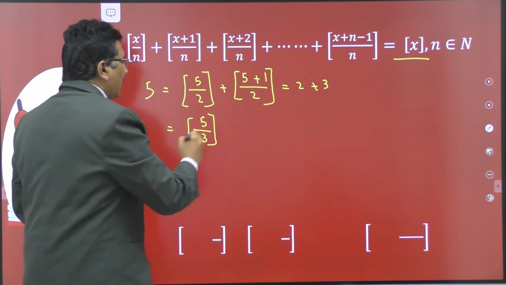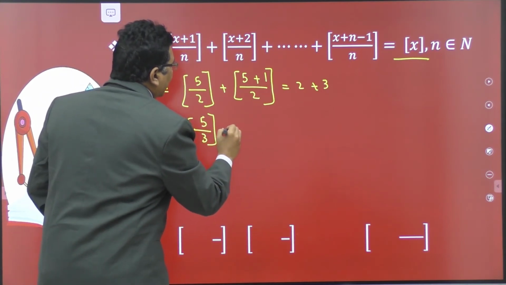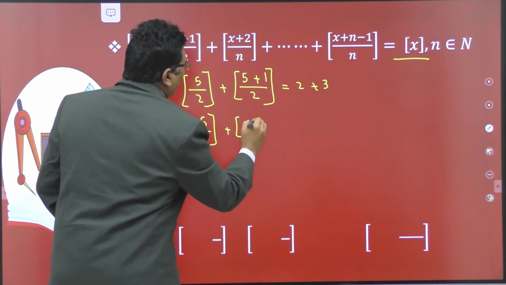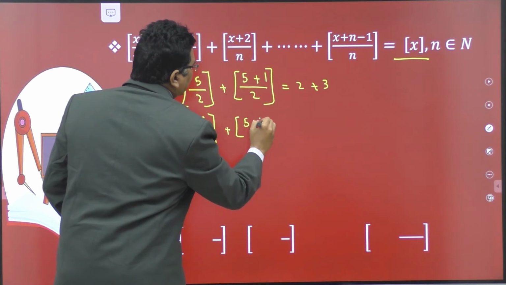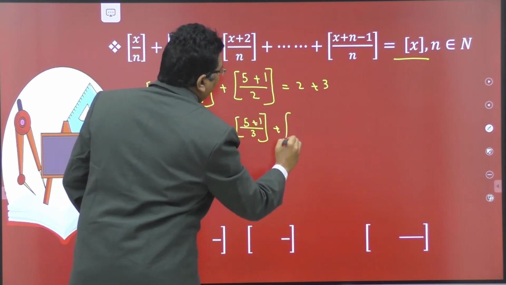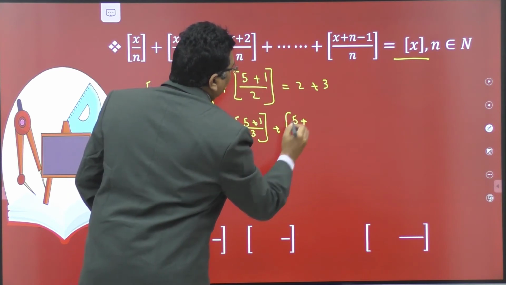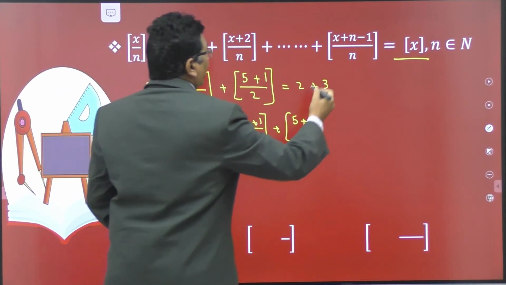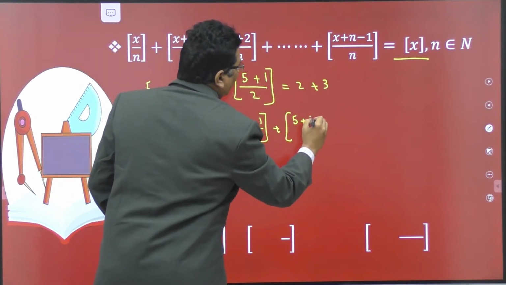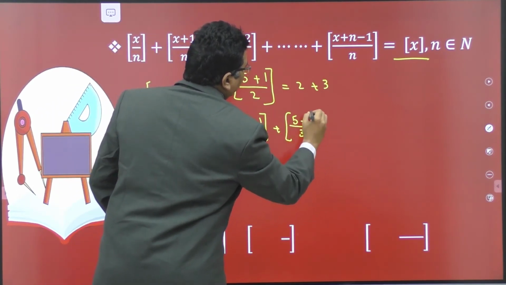Now this contains 3 terms: floor of 5 by 3, floor of (5 plus 1) by 3, plus floor of (5 plus n minus 1) by 3, so 3 minus 1 is 2, that is 7 by 3.